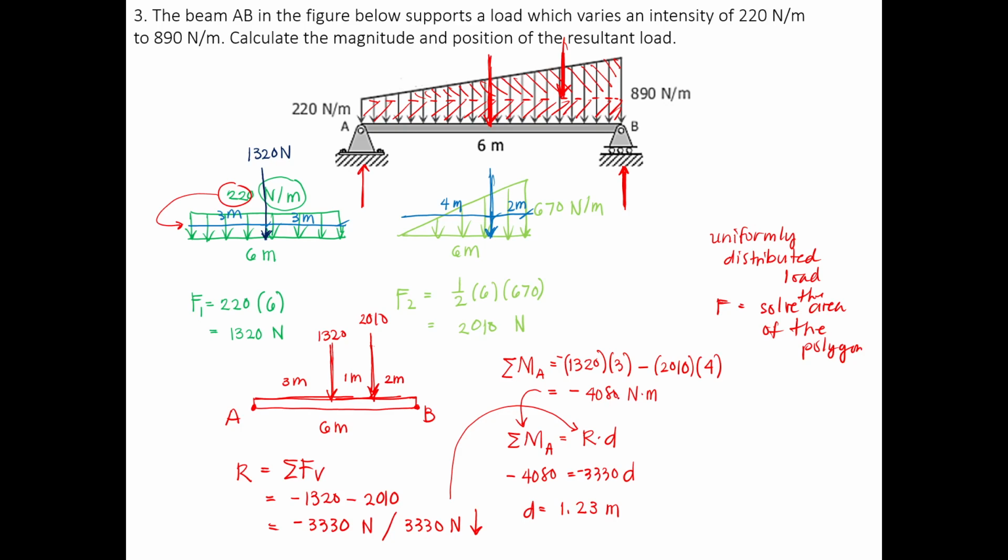So sakto ba siya? Distance is 1.23. Murag dili siya correct no, because if it's 1.23 from point A, then it will be only from here, di ba? So this one, let's say that is 1.23. So let's compare it with taking moments about point B, to see if it gives the same answer.